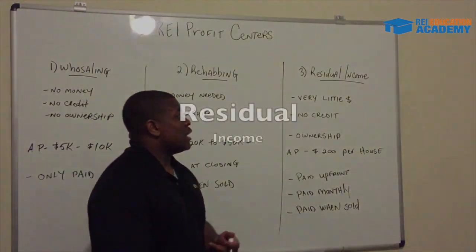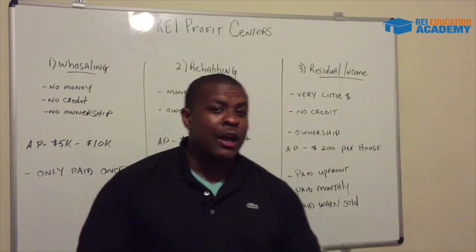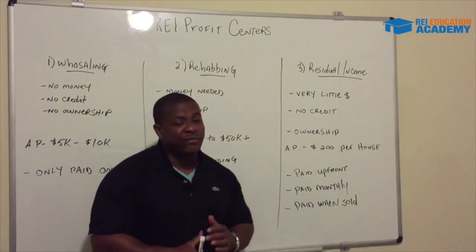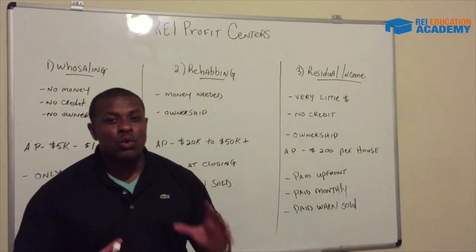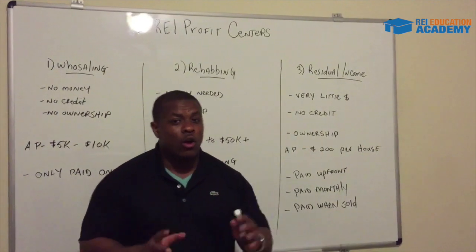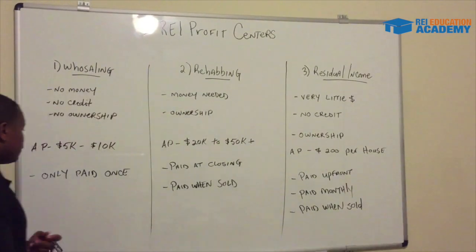Okay, then you have the residual income method. The average profit per house should be in a neighborhood of at least $200. In fact, I personally would not take a house if I can't make at least $250 per month on that particular house. I'll explain why in just a minute.